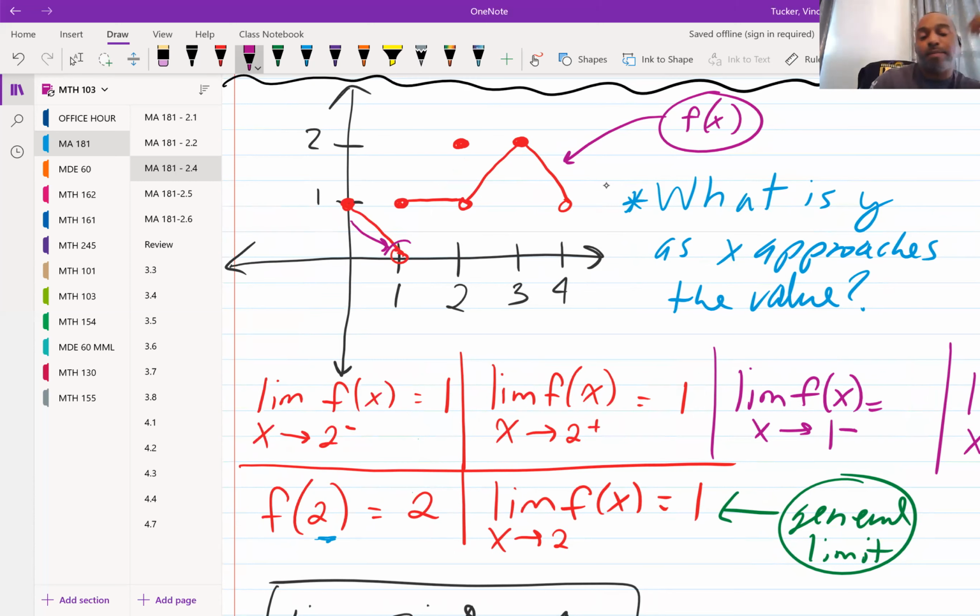And if we look at this point, that means at x equal to 1, y is 0. So this actually would be 0, coming from the left side.